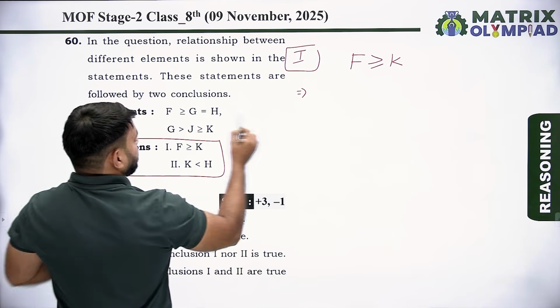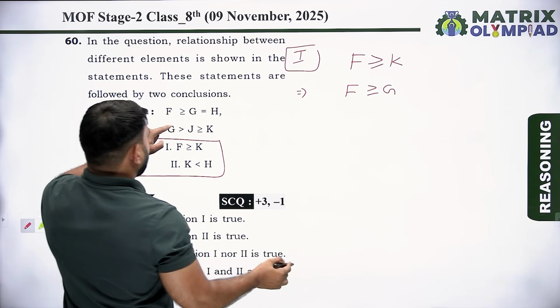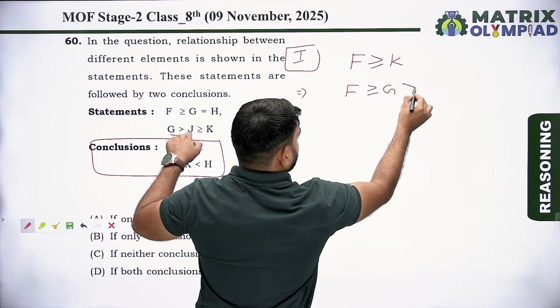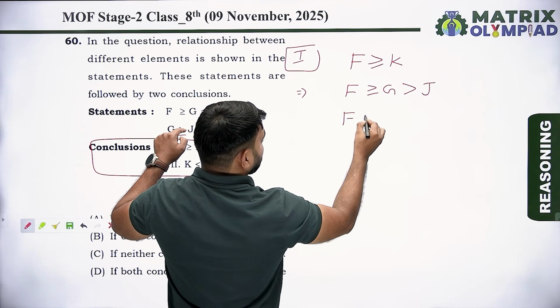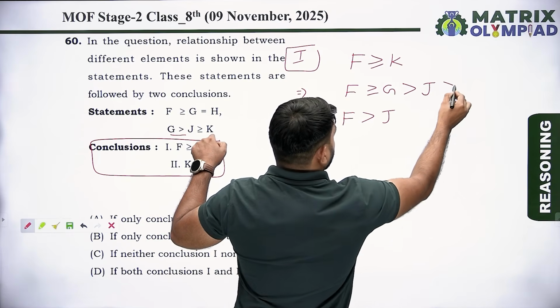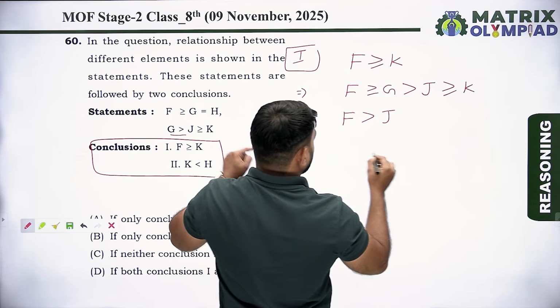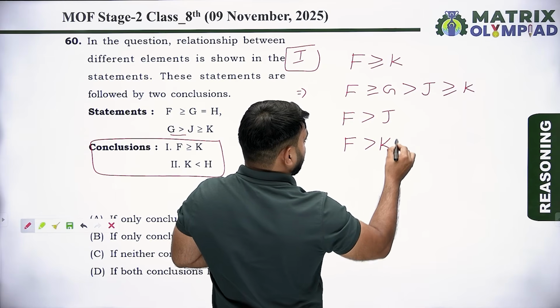So f is greater than or equal to g. Now g is greater than j, so it means f is greater than j only, and j is greater than or equal to k, so it means f is greater than k.